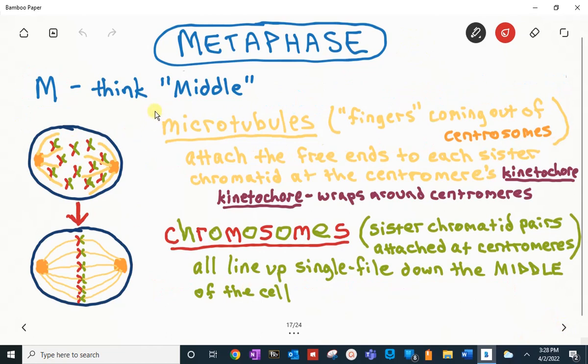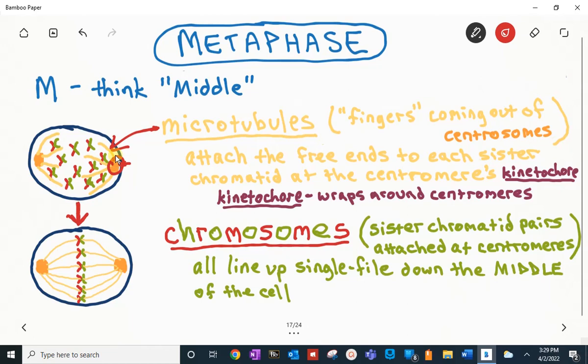And here's more information about metaphase. Here's the microtubules. This is how you spell the microtubules, and those are the little fingers, and they're coming out of the centrosomes. What they end up doing is they attach their free ends.